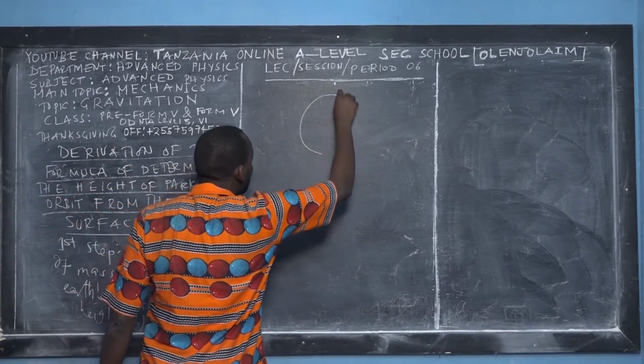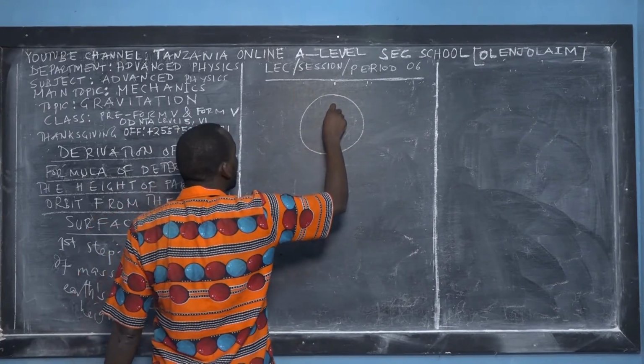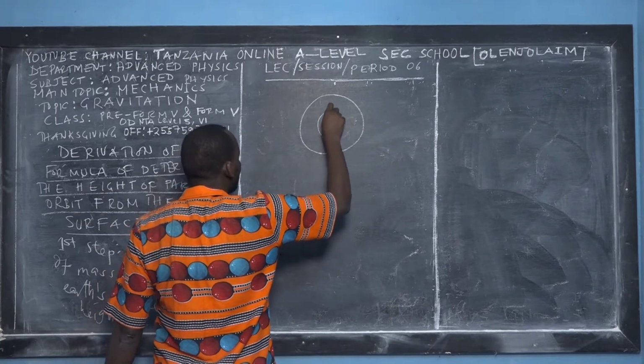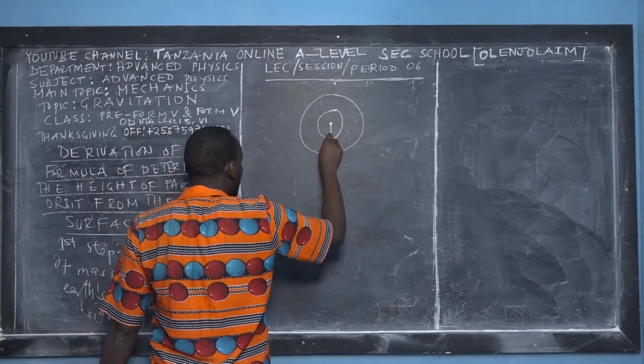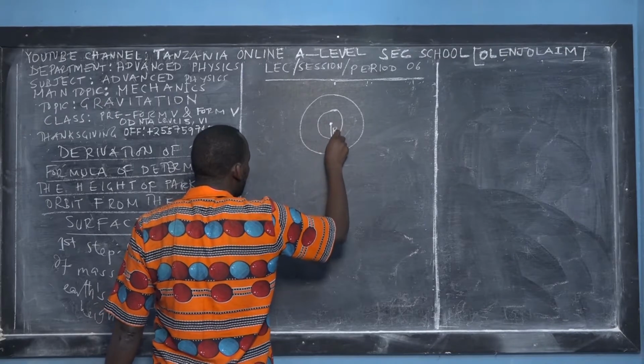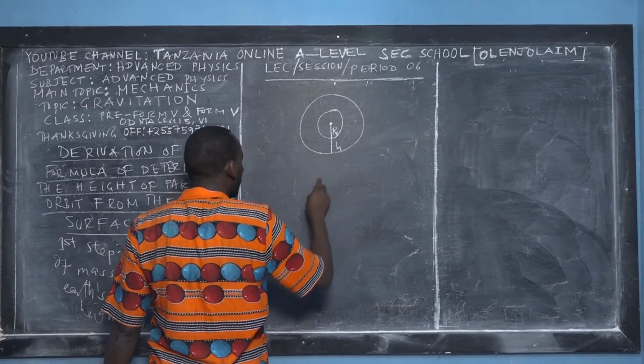Then I would like to sketch the orbit. Suppose that this is the satellite's orbit, and this is the Earth's orbit. This is the center of the Earth. Here we have the radius of the Earth, R subscript E, and here we have the height of the parking orbit.